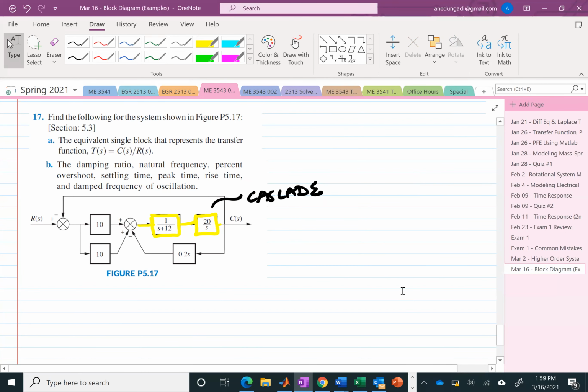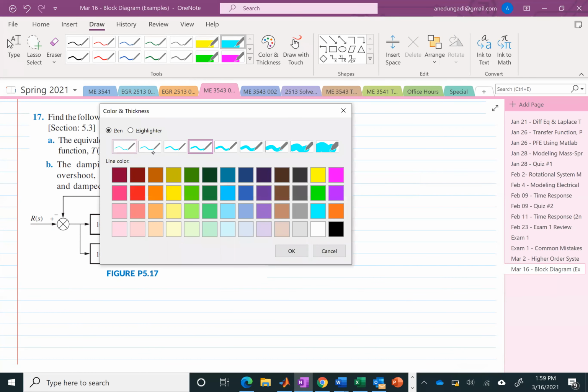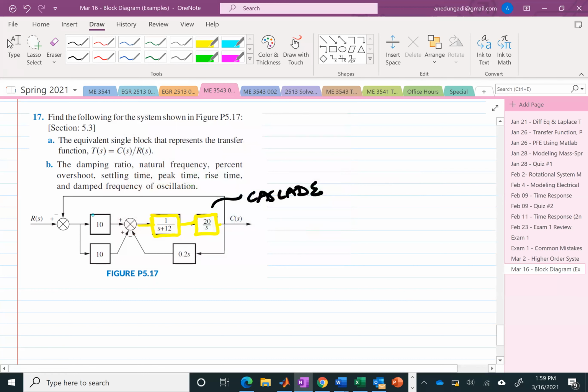Okay. Anything else? Parallel on left, and that is also correct. Same input, output goes to a summation block, so that's parallel, right?